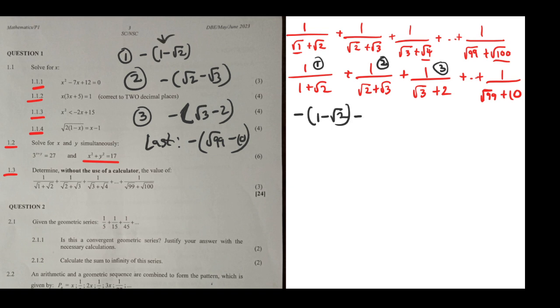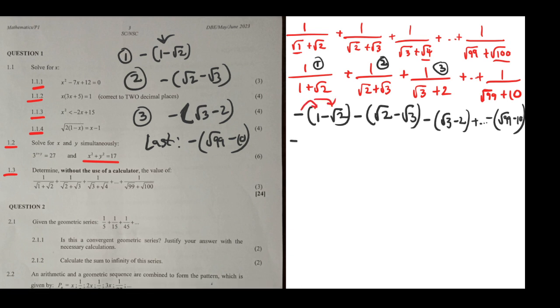Second one, I got negative into the root of 2 minus root of 3. Third one, I got negative into root of 3 minus 2 plus into negative into root of 99 minus 10. So this negative is going to multiply everything that it finds inside here.